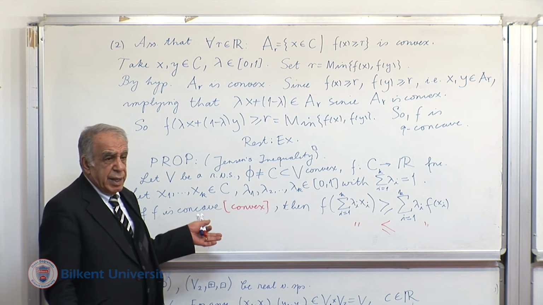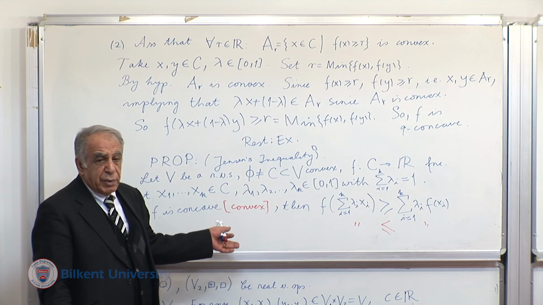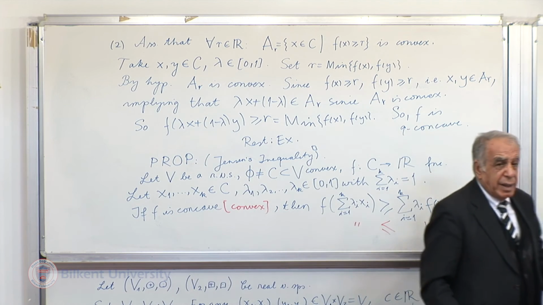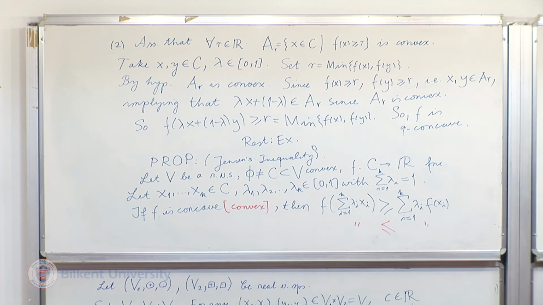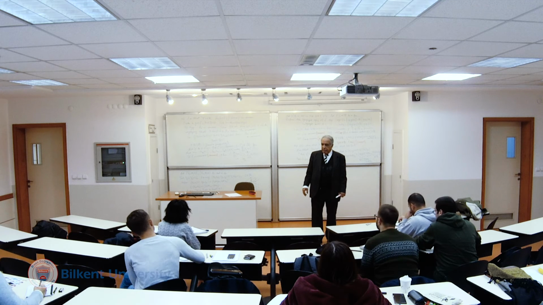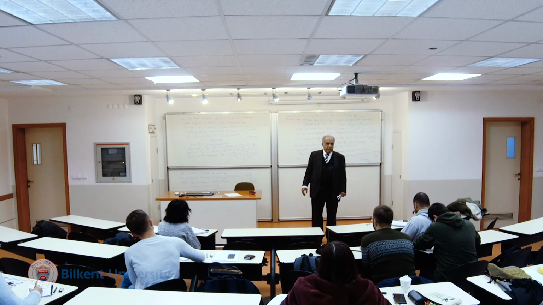How do you prove such a result? We know it's true for 1 and 2. When k is 1, well, you have equality. When k is 2, that's the definition of concavity and convexity, whichever case is being considered. How do you prove the general form?